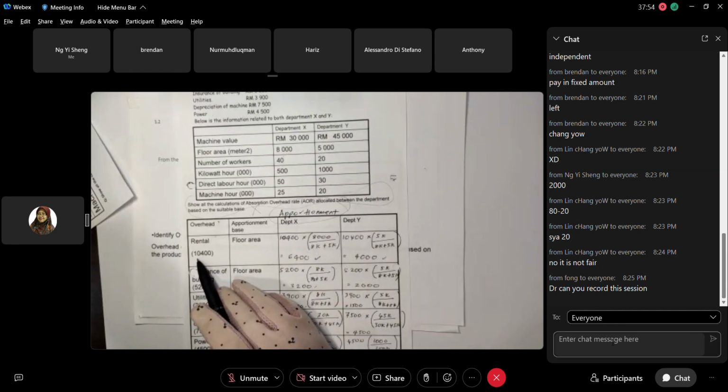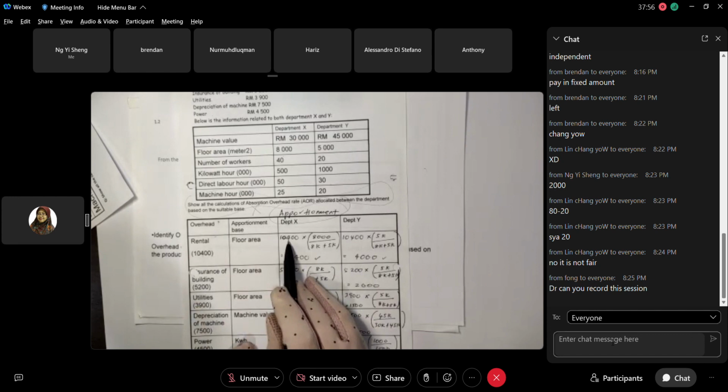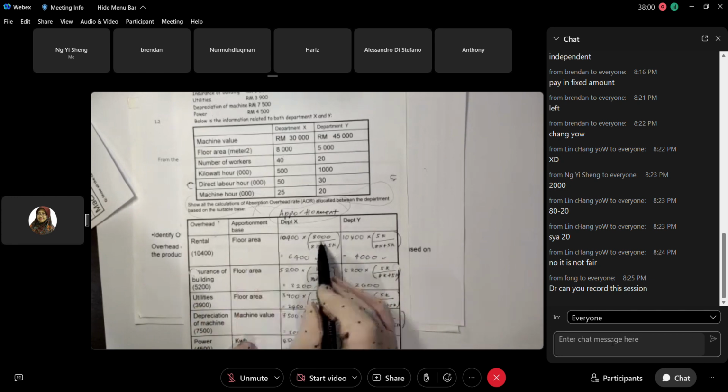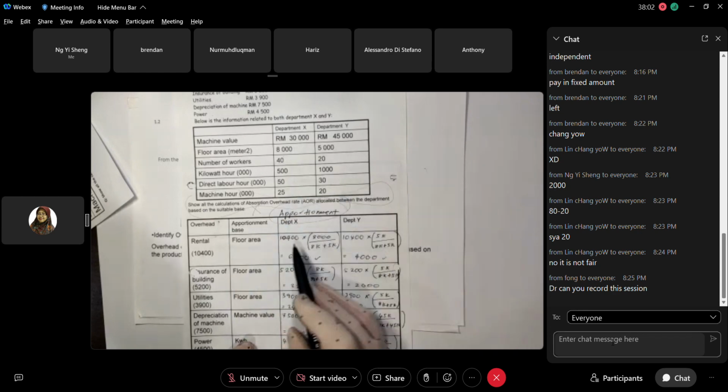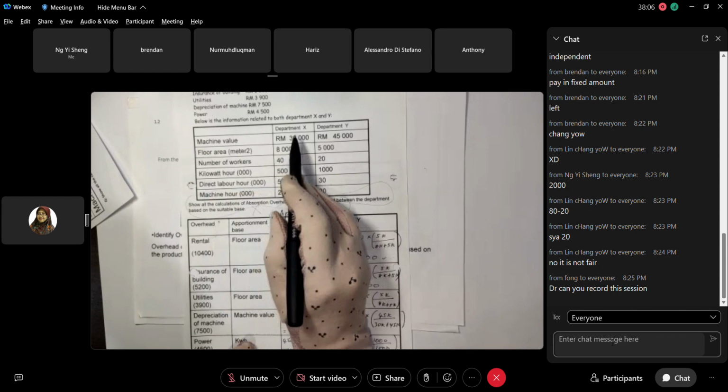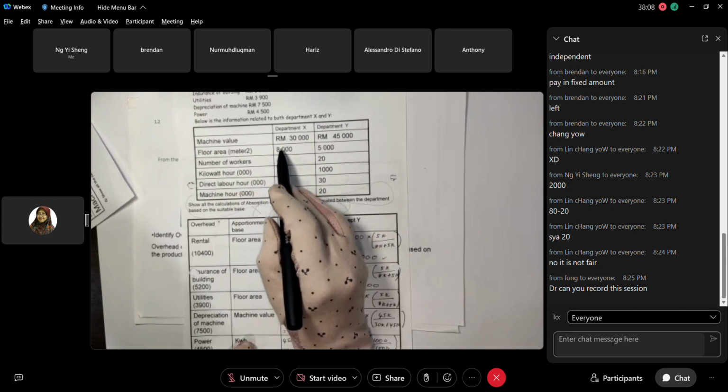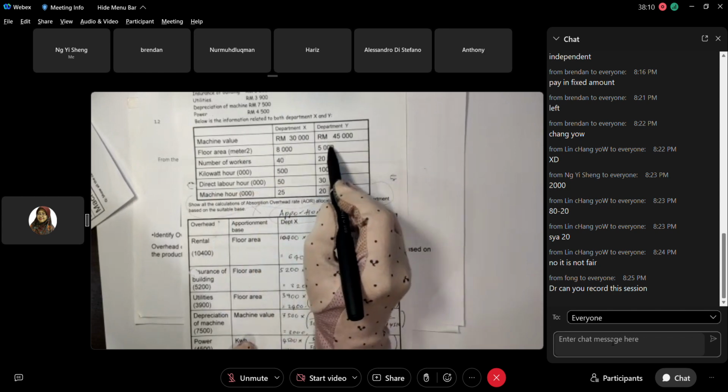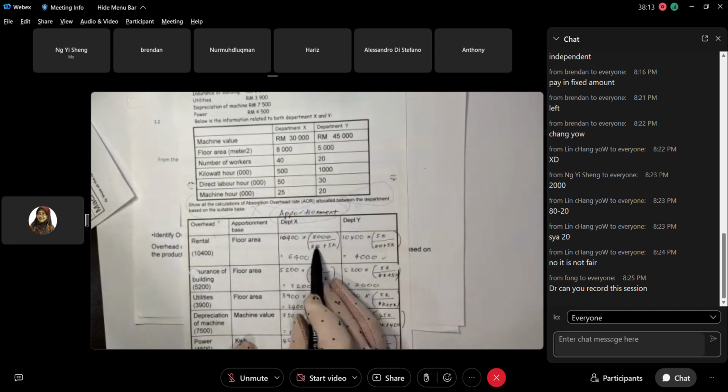So rental is 10,400. What is the apportionment? If you use floor area, department X uses 8,000 and department Y uses 5,000. If you total these two, you get some amount.